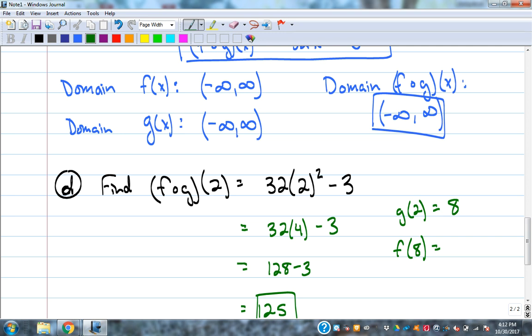If it's only asking for function value, you could end up saving yourself a lot of algebra work for the composite function. If you just need the function value, you could still get 125 out of that. That's where that 8's going. So that's just an alternative to that.